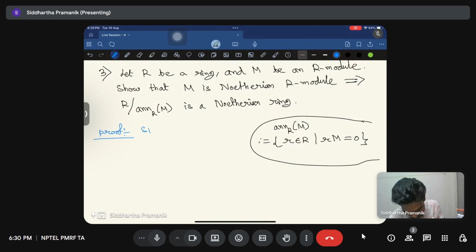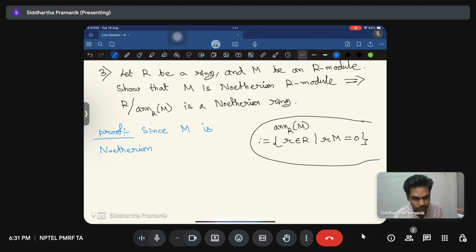So since M is Noetherian, so M is finitely generated.